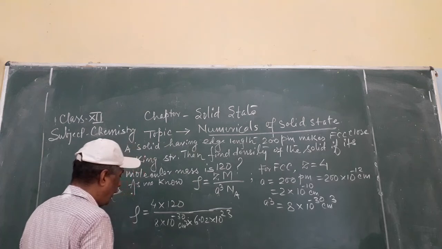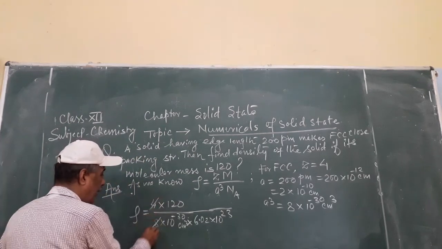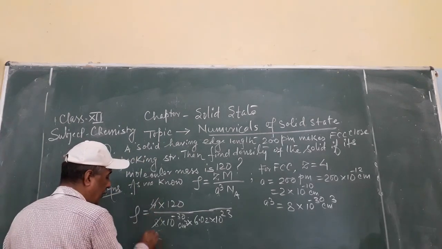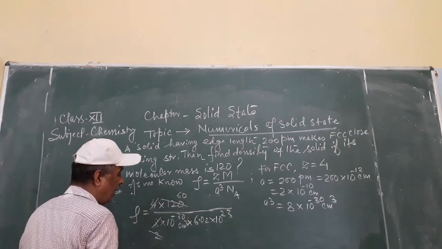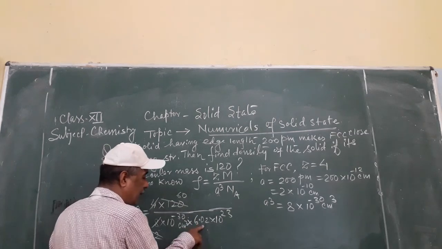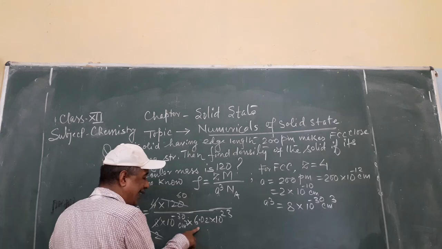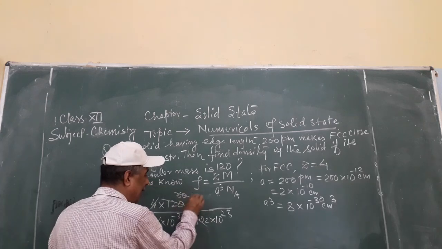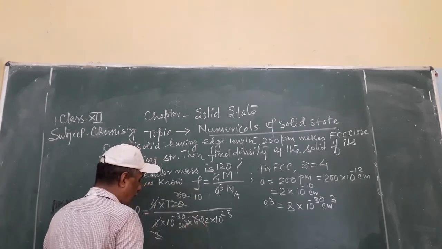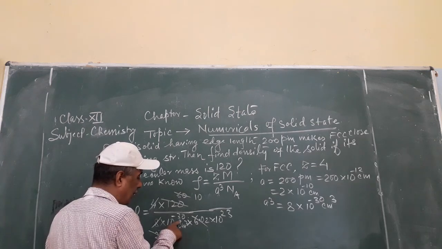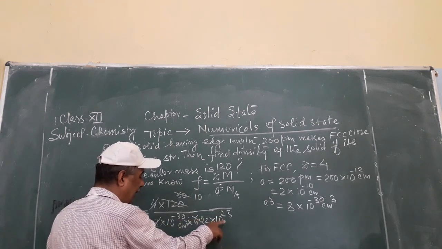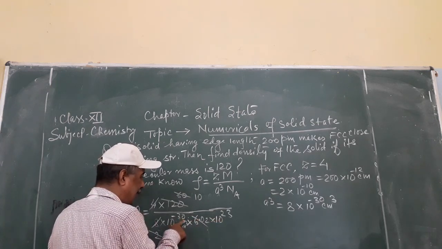So it will be 260. Simply I am considering it equal to 6, then it will be 10. So 10 to the power minus 30 and 23 will be 10 to the power minus 7.